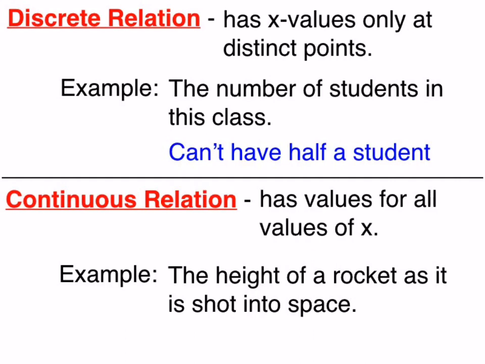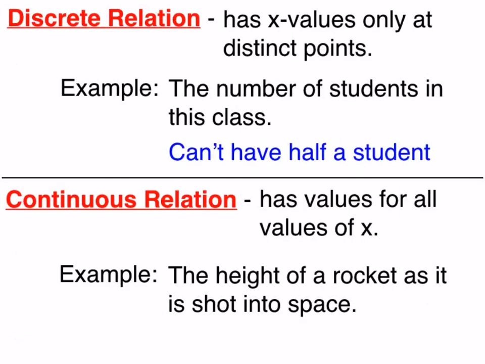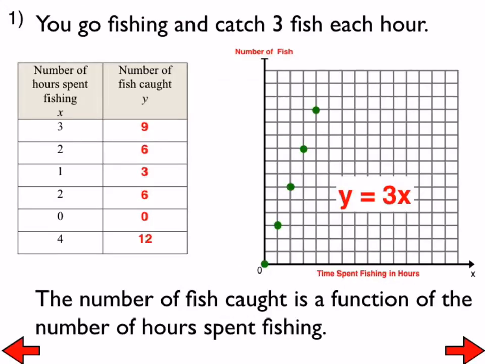It could be at 1,000.5 feet. It could be at 1,001.4852 feet. So we have values in between other values. Okay? Discrete relations don't connect. Continuous relations, we do connect. And we're only focusing on the x value. So let's go back to the previous problem. Our x values are right here.